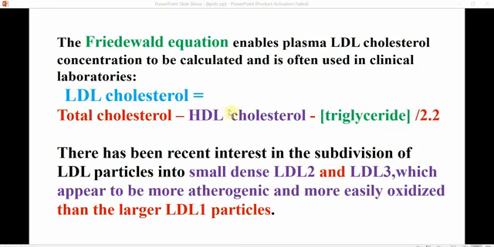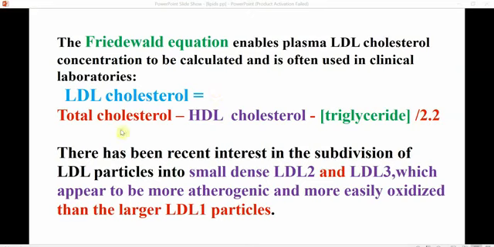The common method to estimate the LDL cholesterol is based on the Friedewald equation, which enables plasma LDL cholesterol concentration to be calculated by measuring total cholesterol and then subtracting the HDL cholesterol and the triglyceride divided by 2.2, which represents the VLDL particles.